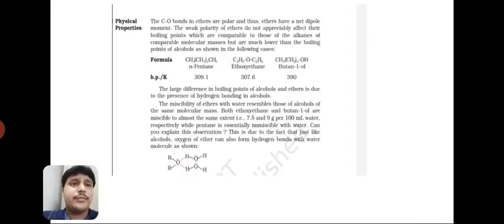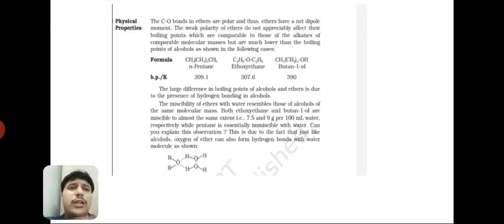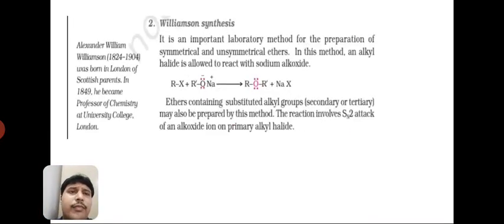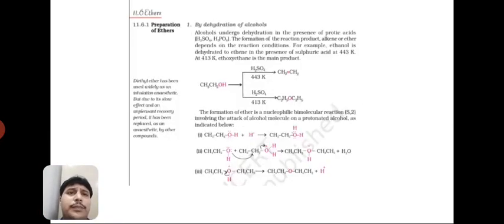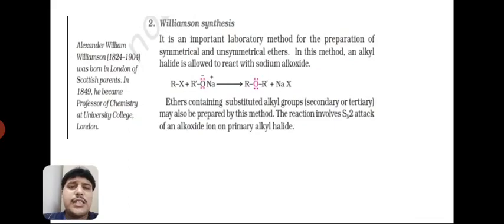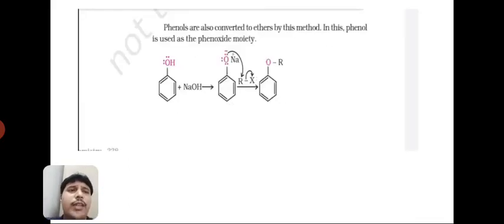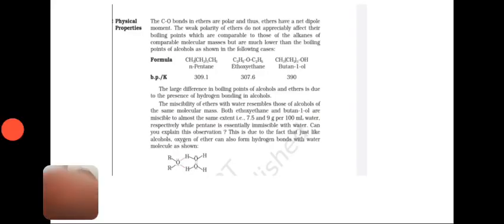Okay, so I hope this preparation of ether, that is by dehydration of alcohol, and then Williamson synthesis, is clear to all of you. And how phenol is also converted to a phenoxide moiety, which gives an aromatic ether.